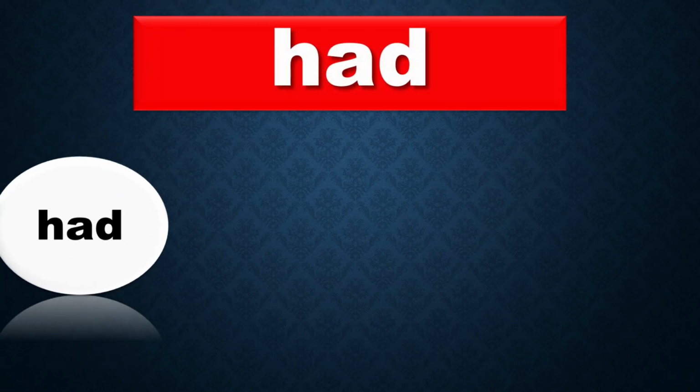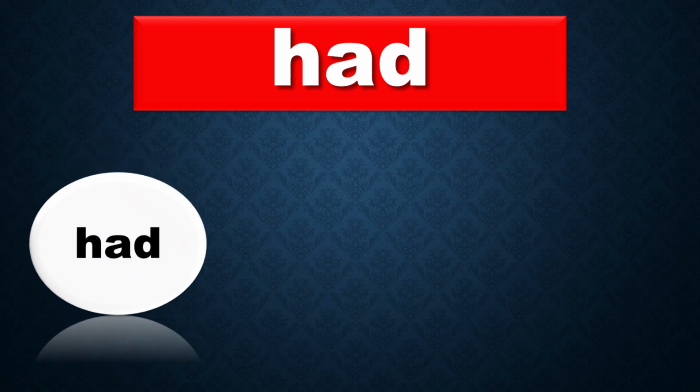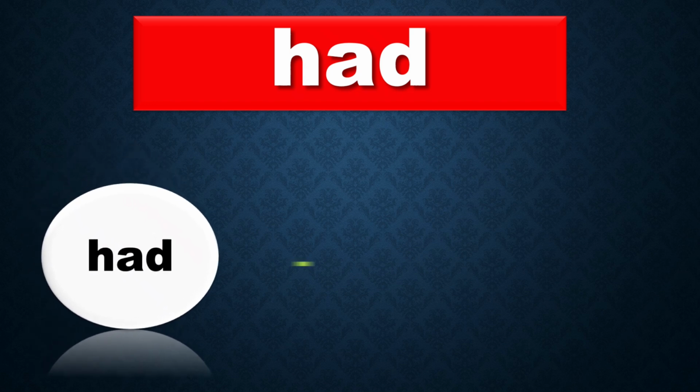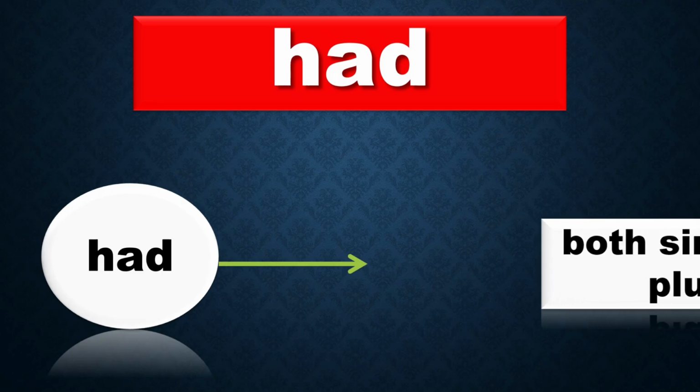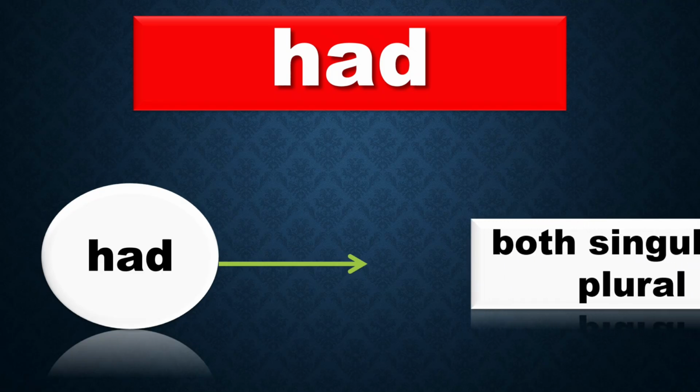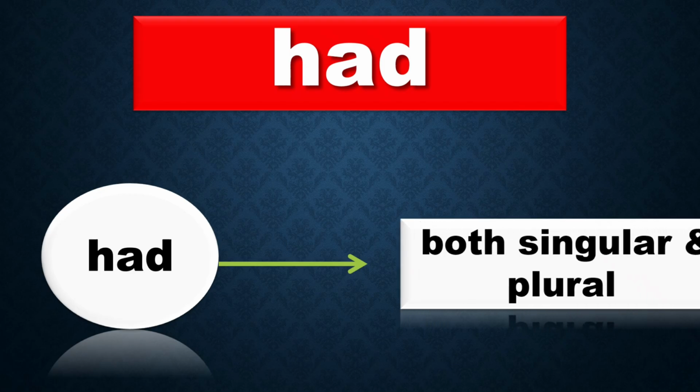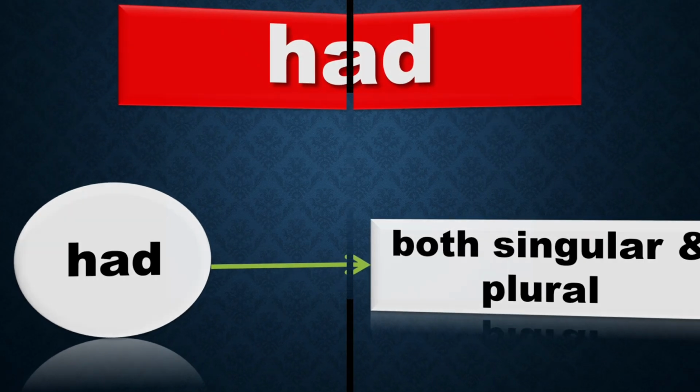Use of had is very simple. As we have already learned, had is used in the past tense. So, had is used with both singular and plural nouns and pronouns too. So, it is very simple to keep in the mind. Let's revise.